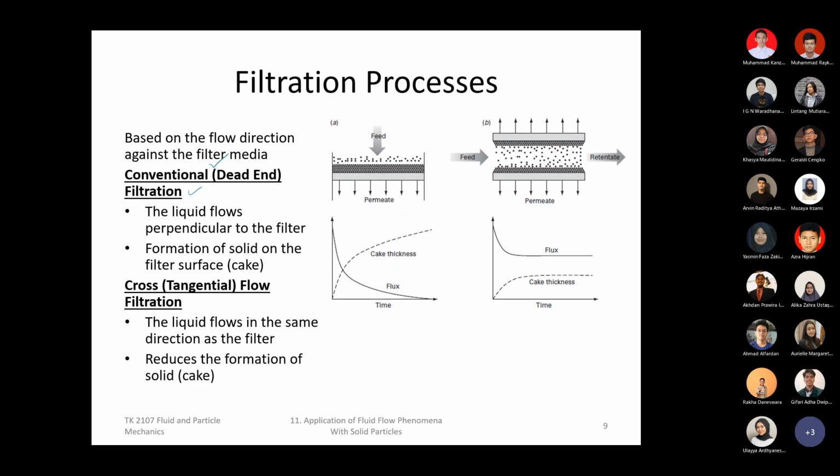In that case, you have a liquid that flows perpendicular to the filter. So that's the sludge or a slurry, coming from the top, for example. Because it's a liquid, it naturally flows downward because of gravity. So usually we take advantage of that movement, because it needs pressure to go through the filtration media.